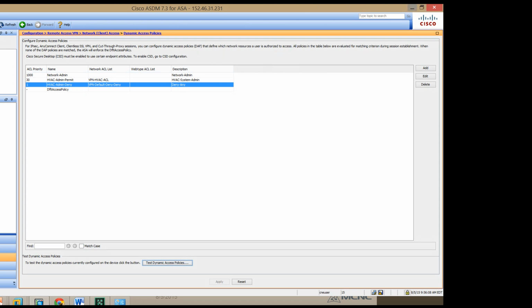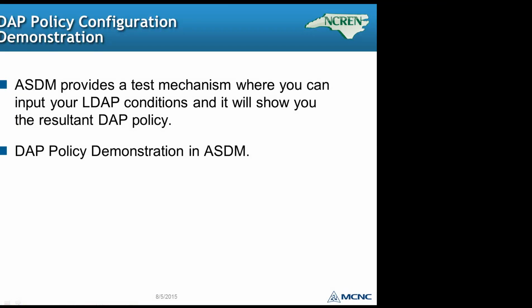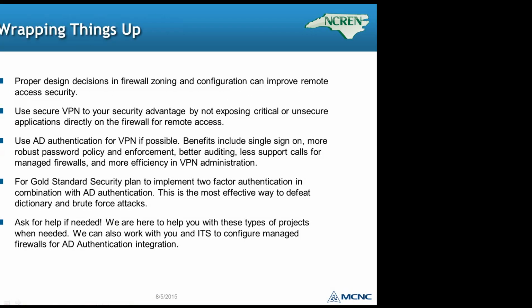Basically, by taking things like those finance servers, or in the case of HVAC, if you zone your HVAC system, or the PC interface to it, away from the rest of your network, even if your remote access gets compromised on one system or the other, you can control the damage. Use your secure VPN to your security advantage by not exposing your critical or unsecure applications directly on the firewall for remote access.